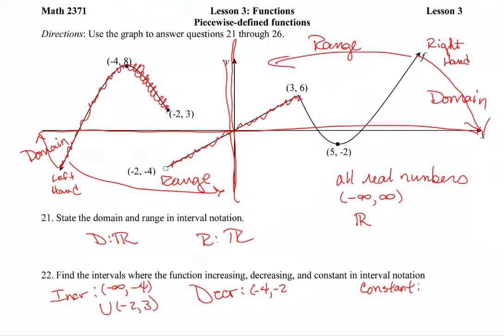And I'm decreasing again from 3 to 5. So I put the U and I put from 3 to 5. Now I'm increasing again from 5 to infinity. So I add another U to the increasing and I put from 5 to infinity. And since there's no constant, I like putting a little bar there that says, hey, look, there's no constant.